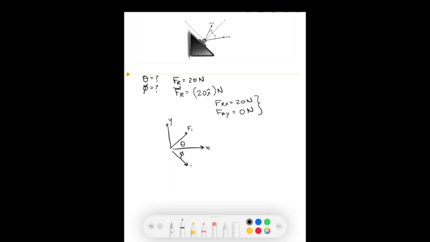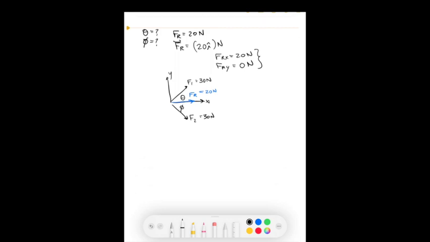I'll call this one F1 and this one F2, and they're both equal to 30 newtons. The resultant force goes in this direction and is equal to 20 newtons, and we have to solve for theta and phi using that information.